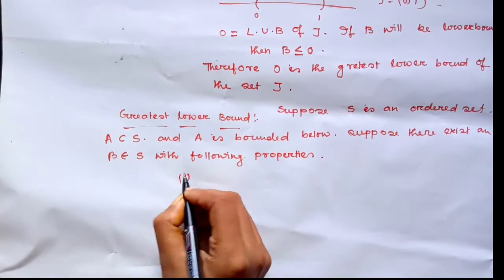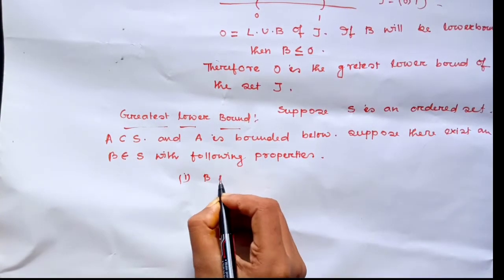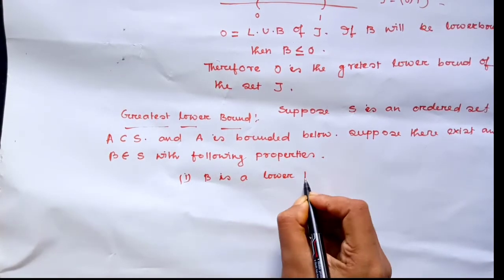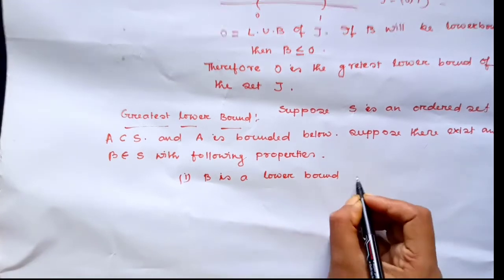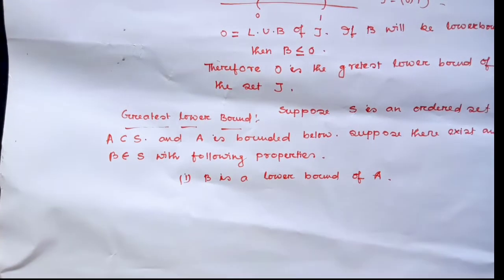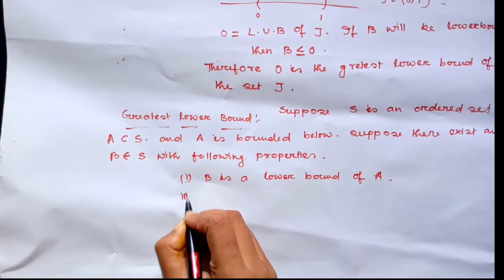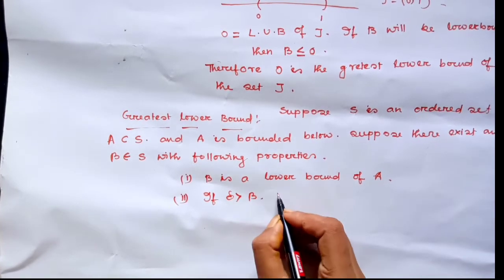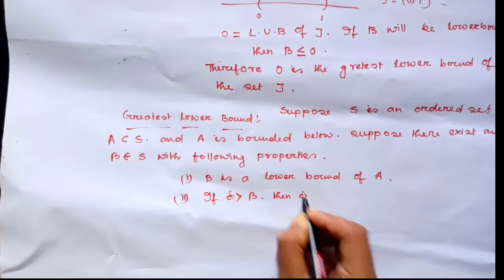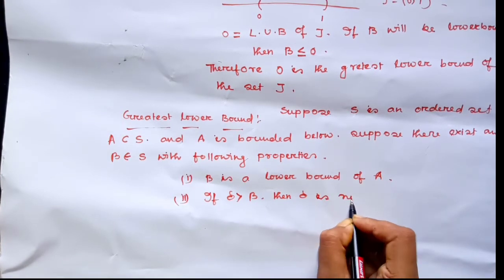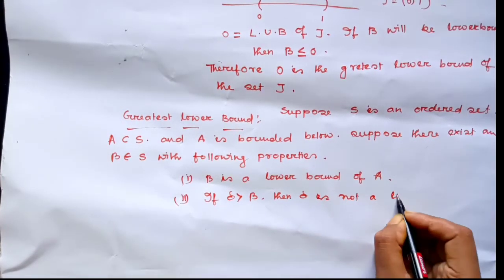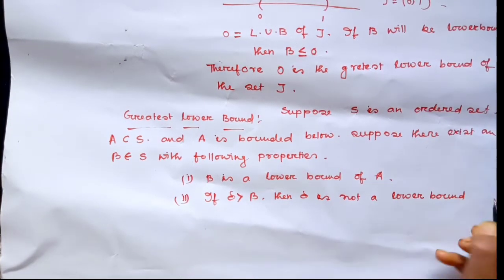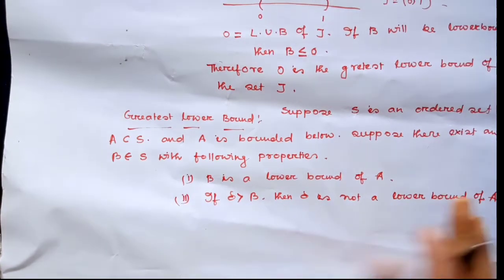One, beta is a lower bound of A. Two, if delta greater than beta, then delta is not a lower bound of A. Okay?